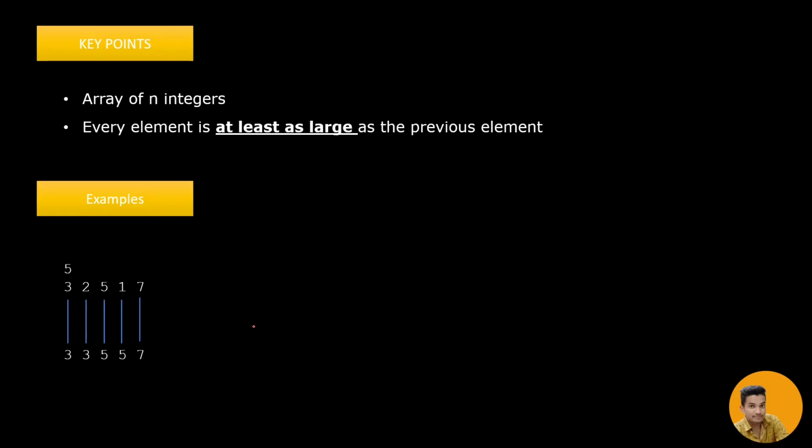Now let us understand some logic behind it and build some code. We are going to first of all loop through the array, 3 2 5 1 7.